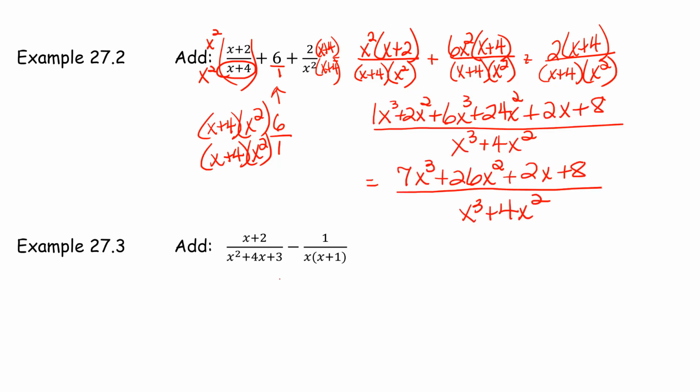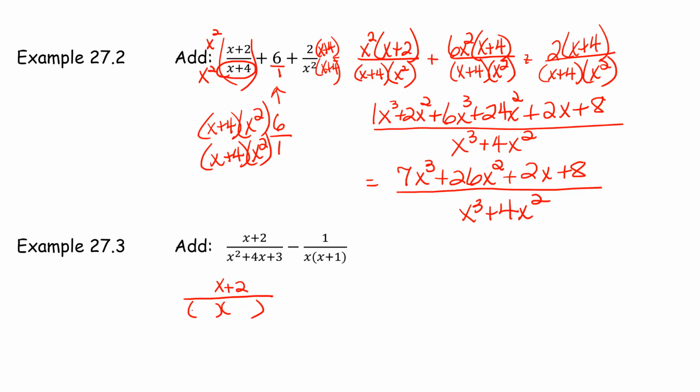Now this one has more factors than we can see right now because this first one, the denominator, can be factored. So before we find the least common denominator, we're going to factor the first denominator. So x plus 2 over, we're going to factor that into two binomials.